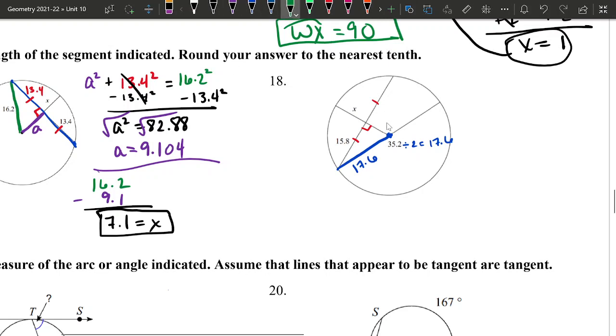And then I can solve for A, if I call this A. So A squared plus 15.8 squared equals 17.6 squared. Subtract.